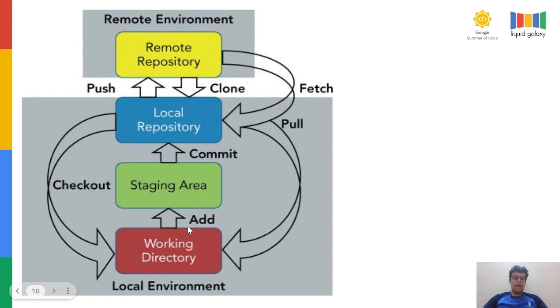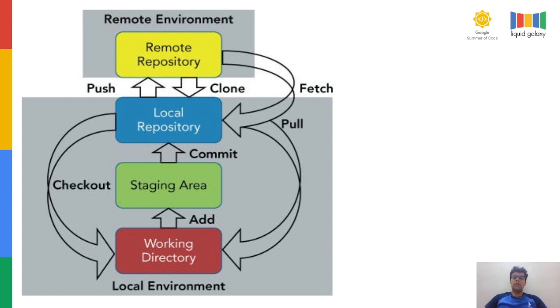So we basically clone a remote repository into a local repository where it stores the committed snapshots, and then we make the changes in the working directory and then add the file to the staging area, and then from the staging area it is committed to the local repository, and then it is pushed to the main remote repository. So the main flow is working, then adding to the staging area, then committing to the local repo, and then pushing it to the remote repo.